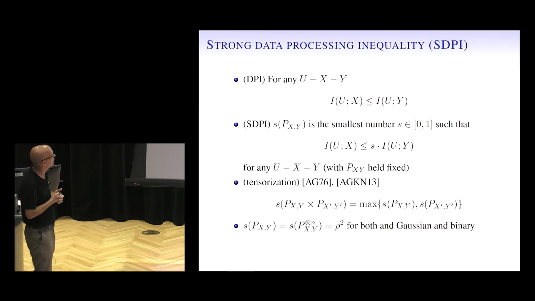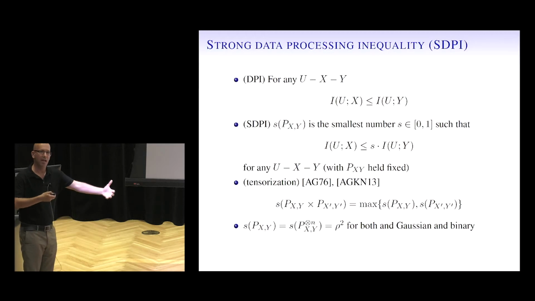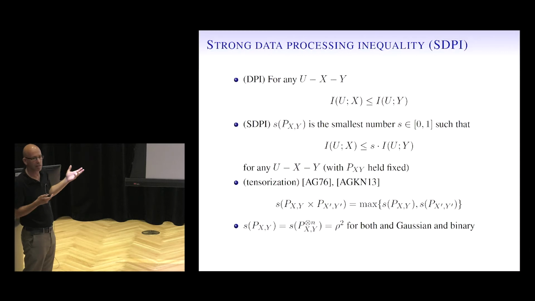A well-known result dating back to Ahlswede and Gács is the tensorization of this quantity. It means that if you have two independent samples (X,Y) and (X',Y'), then their SDPI coefficient is the maximal SDPI coefficient of each one of them. Specifically, if you have a product of the same distribution, then the SDPI coefficient is just the SDPI coefficient of one component. And in the Gaussian and binary case, it's well known that this coefficient is exactly rho squared.